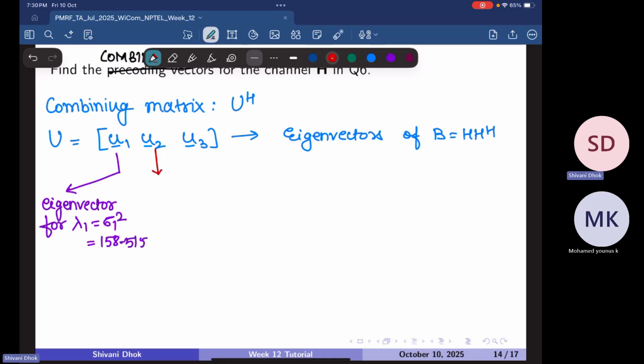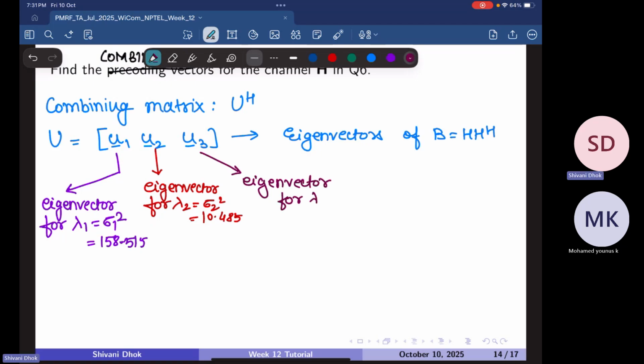Then U2 is the eigenvector for lambda 2 equal to sigma 2 square, which is equal to 10.485. And U3 is the eigenvector corresponding to lambda 3 equal to 0. There are only two non-zero eigenvalues of HH Hermitian because it's a rank 2 matrix.